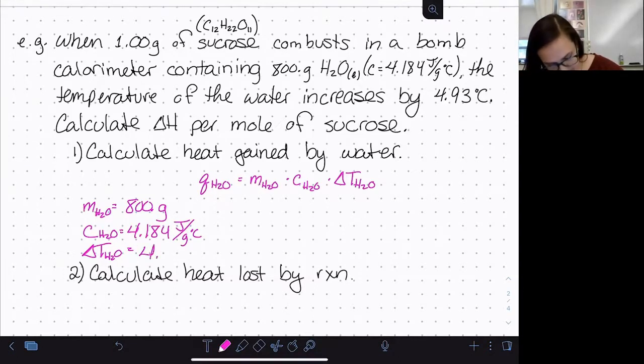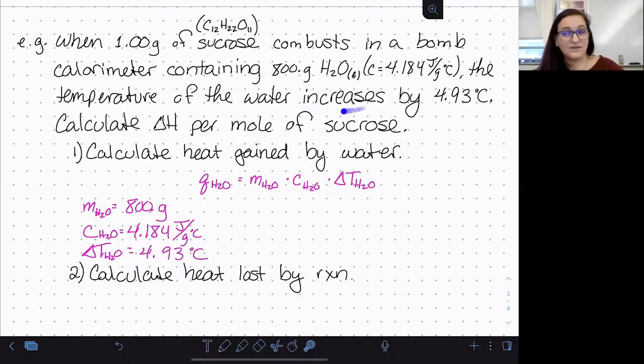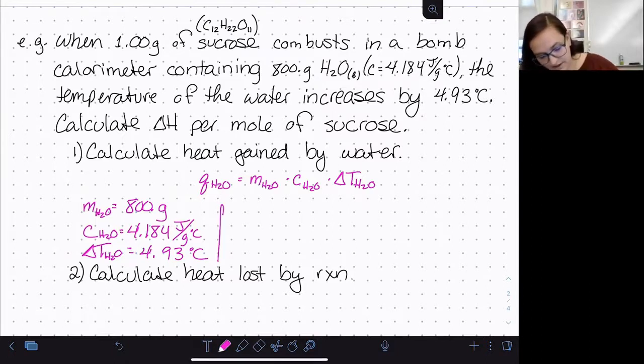So our delta T is positive 4.93. Make sure you pay attention to whether it's increasing or decreasing. If this was something that decreased by 4.93, you would need to use a negative sign here. As it goes up, we want it to be positive. So once we have identified those things, we can plug them in.